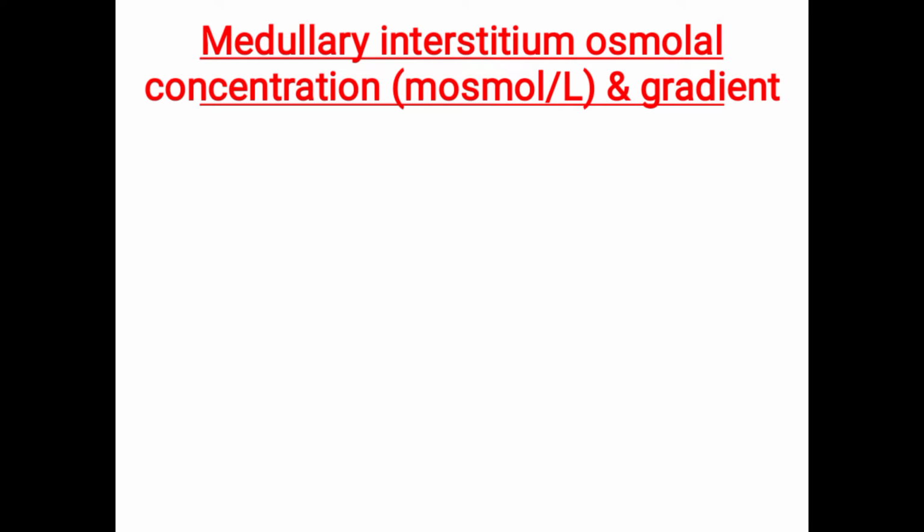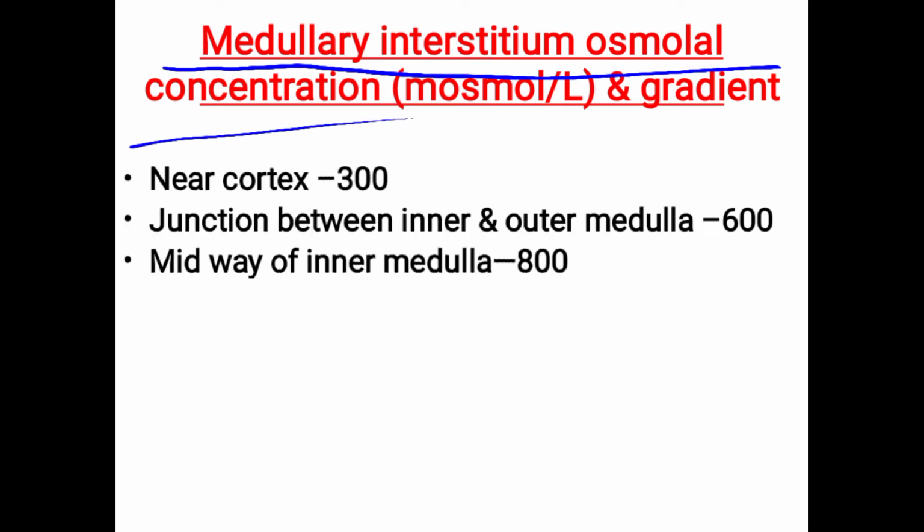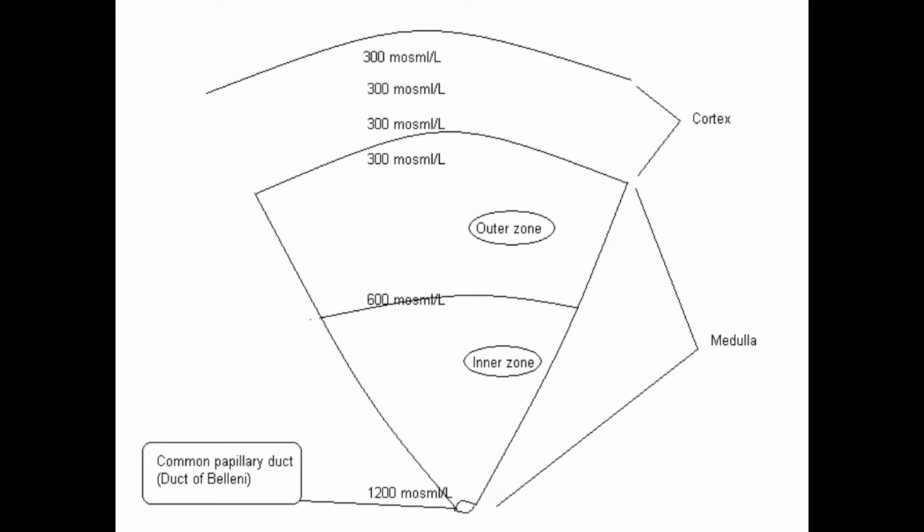Next we will see how the counter current system performs. Mainly it is because there is a gradual increase in the medullary osmolarity. Suppose this is the cortex and this is the medulla of the kidney. In the cortex, the osmolarity of the filtrate is only 300 milliosmolar per liter.